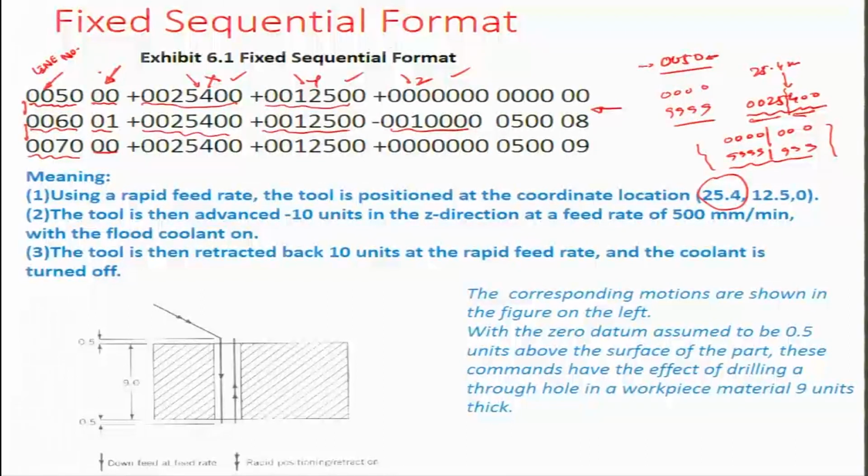So you have a line number, you have a preparatory command, now you have axis commands or coordinates, so you can call it axis commands, and then of course you have something related to some basic operation which is indirectly related to the machining or metal removal, but not directly related.